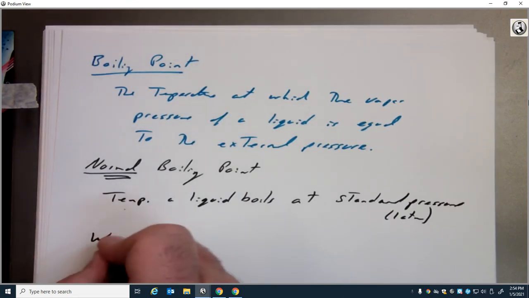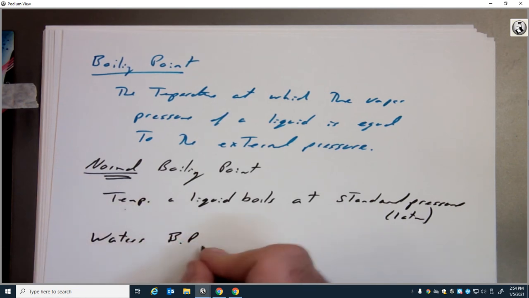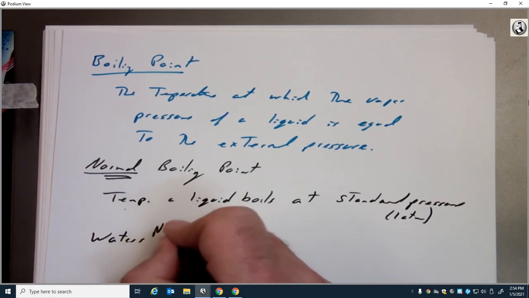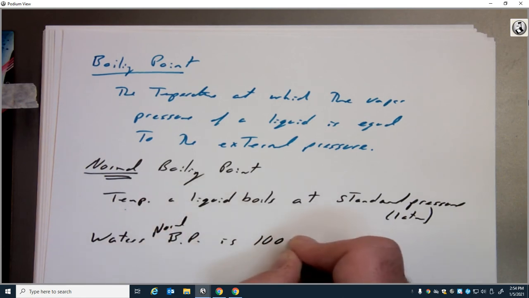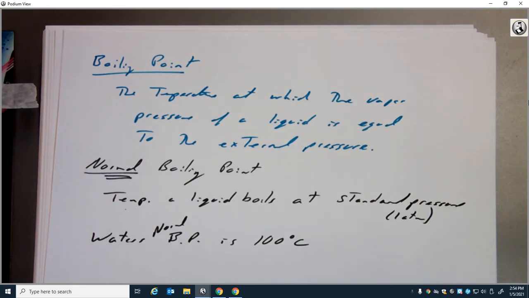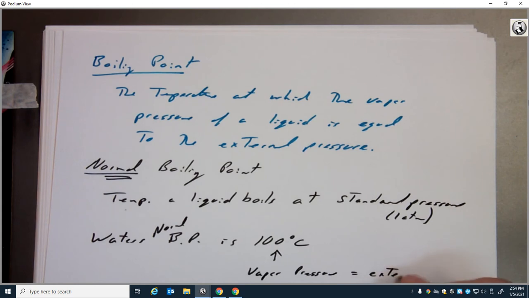So water's boiling point, I should say normal boiling point, is 100 degrees Celsius. At this temperature, the vapor pressure is equal to external pressure, which is atmospheric pressure.